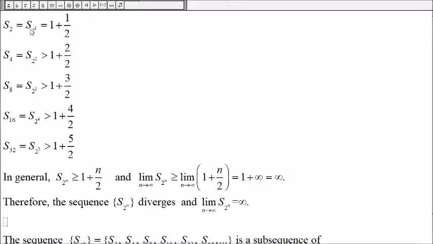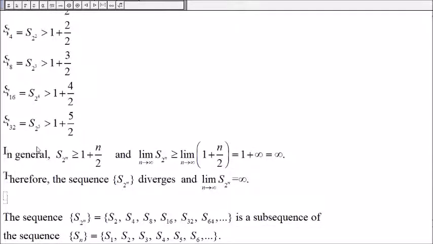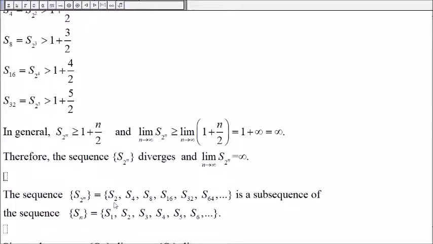And now let's compare this sequence: s sub 2 to the first, s sub 2 to the second, s sub 2 to the third, s sub 2 to the fourth, s sub 2 to the fifth. This in itself is a sequence, with the first two terms, first 4 terms, first 8 terms, first 16 terms, and so on. This sequence is a subsequence of the original sequence.